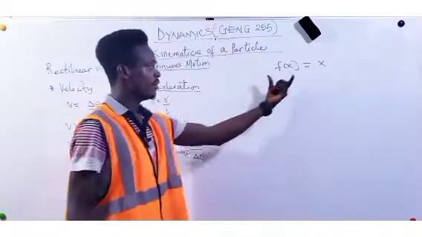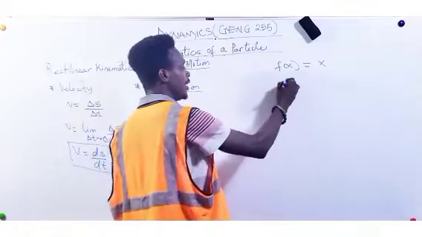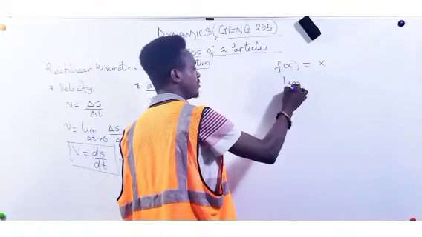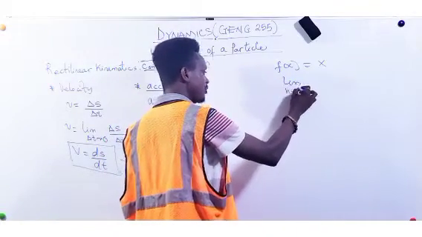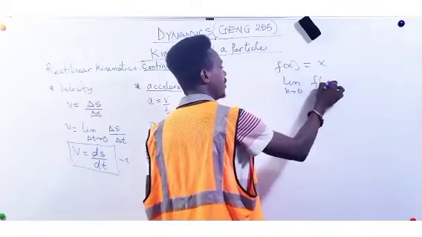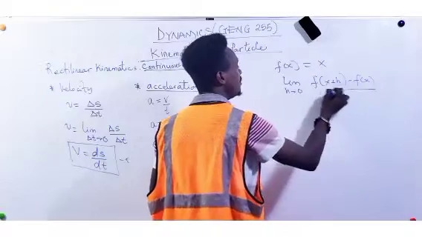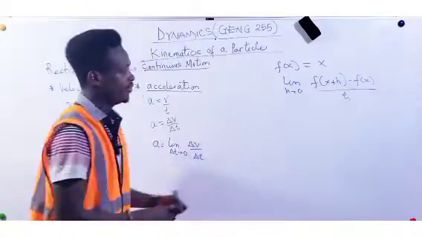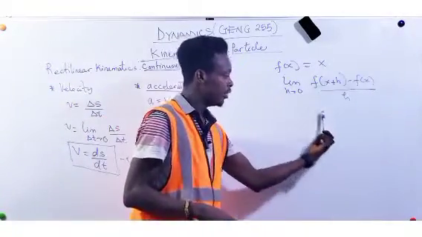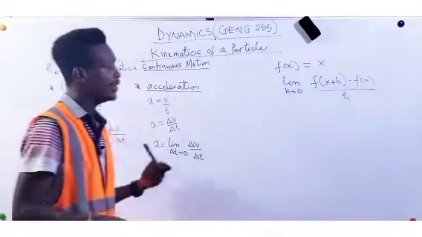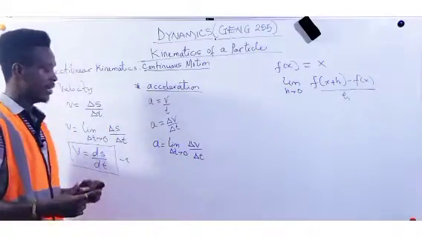If we want to apply our first principle of derivative, the rule says that we have the limit as h approaches 0 of f of x plus h minus f of x, all divided by h. So if you do the expression, you end up with 1, such that the derivative of f is seen as dx.